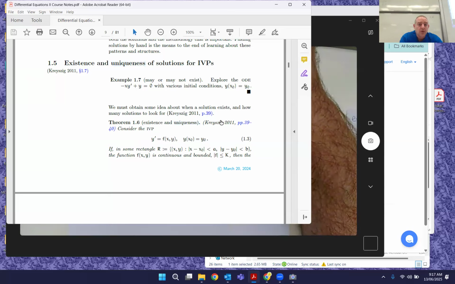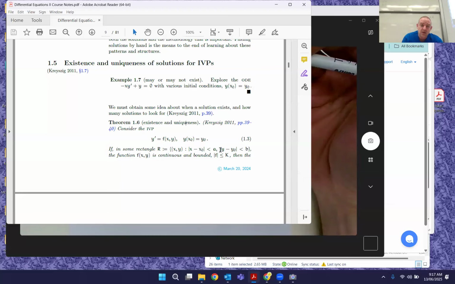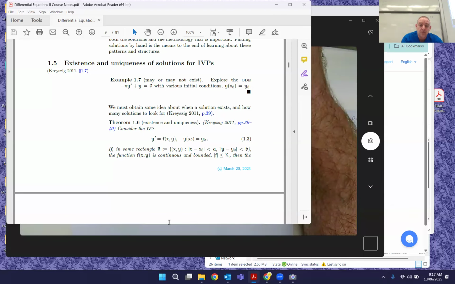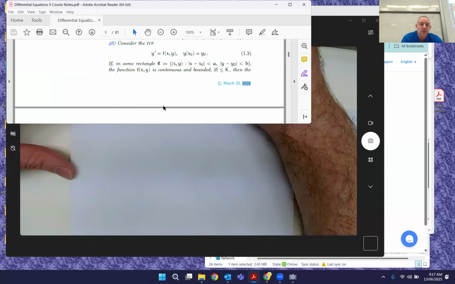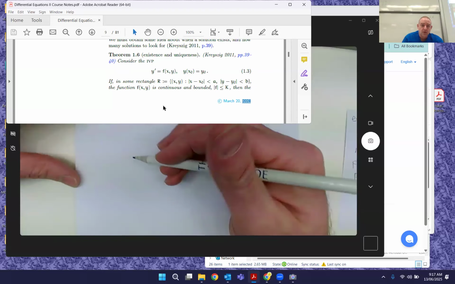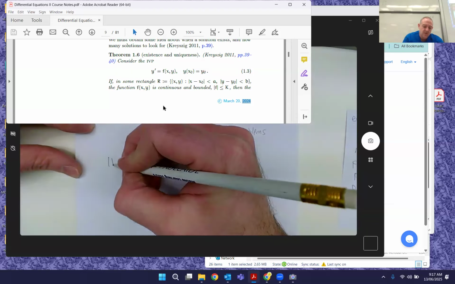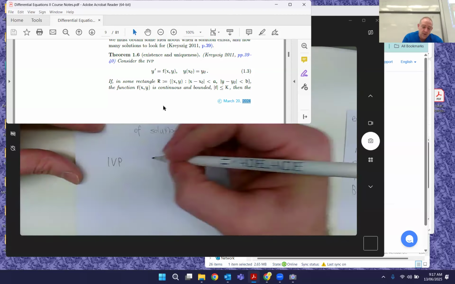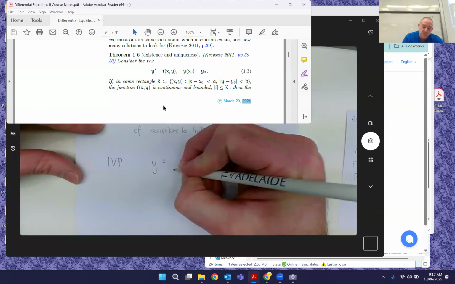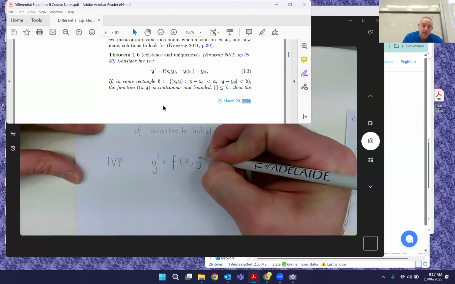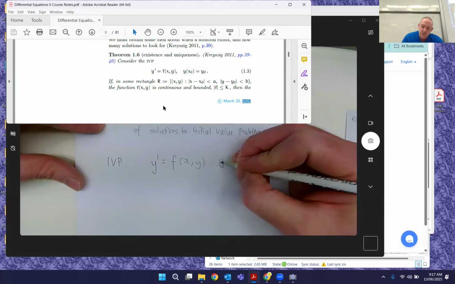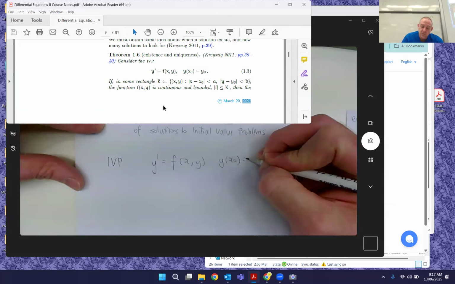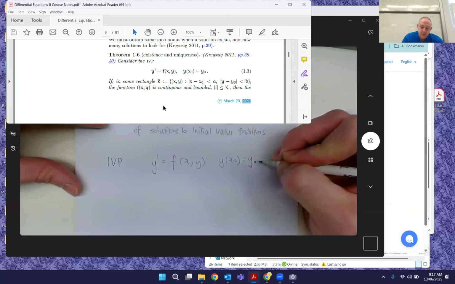And it says that, and I'm going to copy it down while I say it. It says, consider the IVP, that stands for initial value problem. y' = f(x, y), and y(x0) = y0.